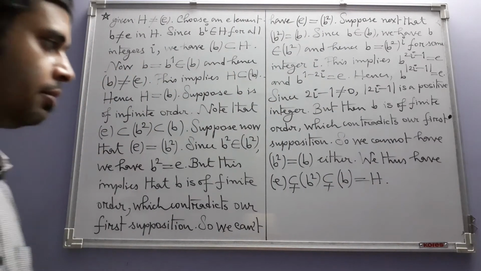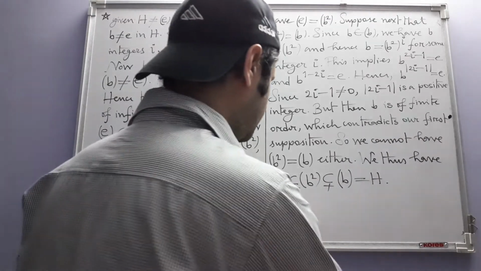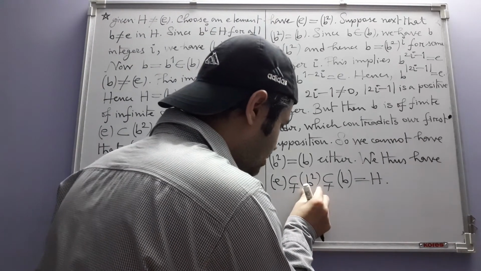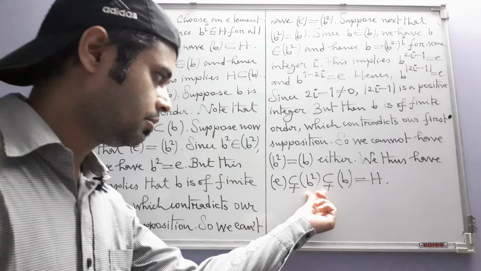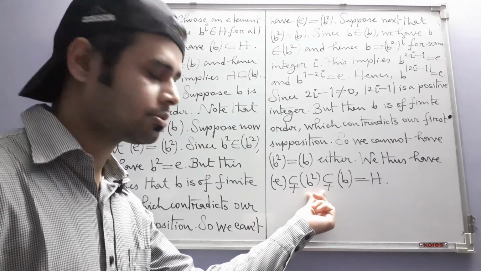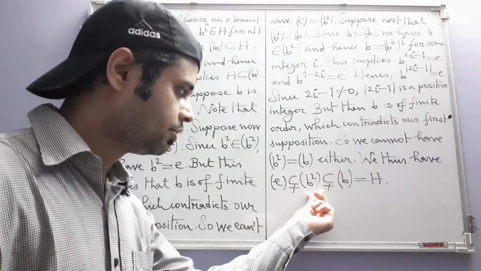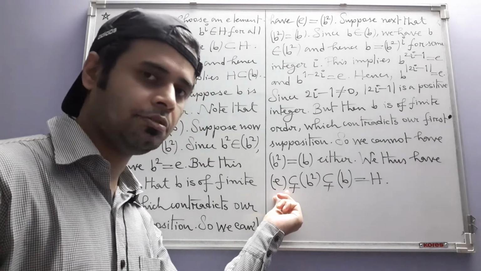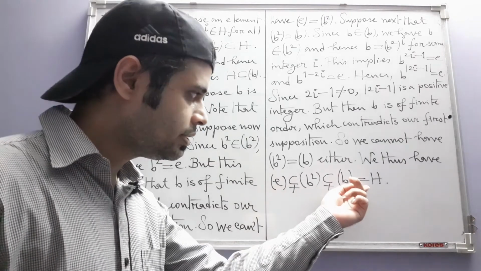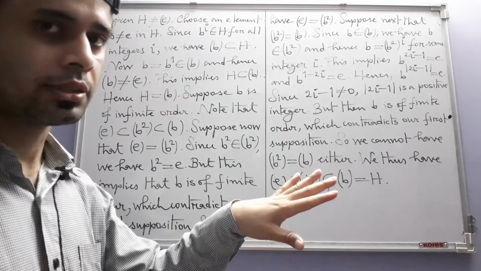Okay. Now look at this. You consider this subgroup generated by B square. It's a subgroup which is different from the trivial group, and H is the intersection of all such subgroups.